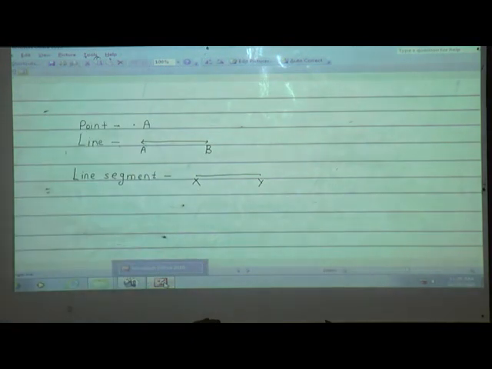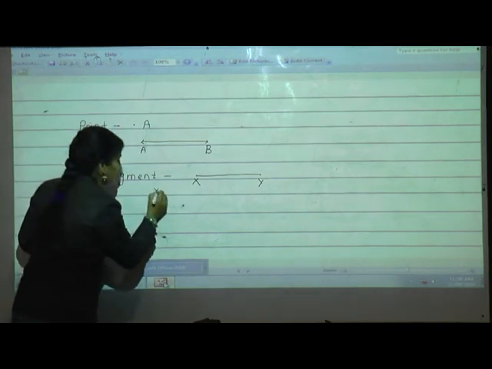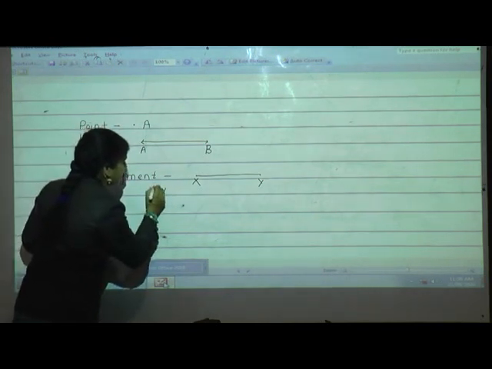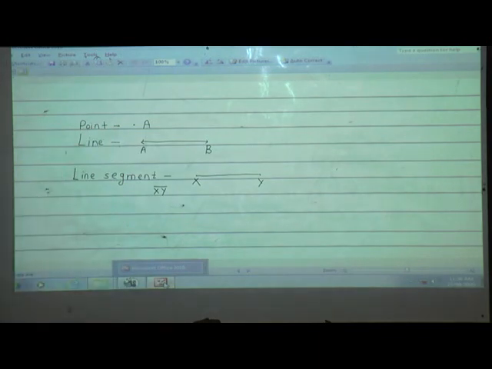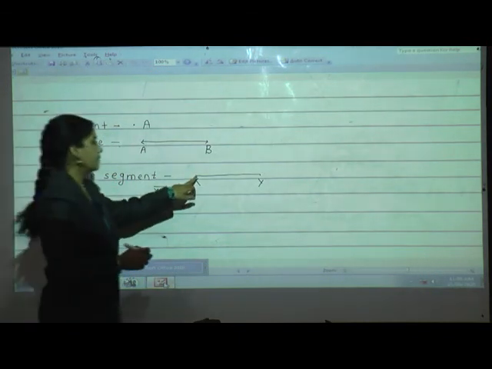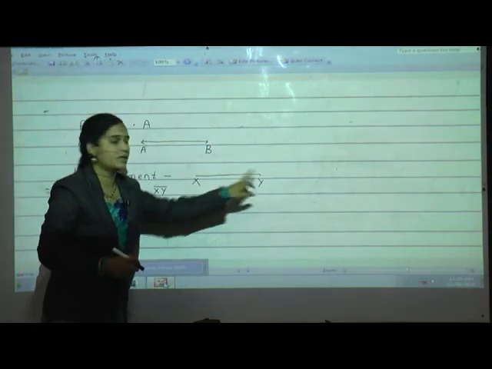A part of a line is a line segment. This is also a part of a line. We can write this segment XY. A line segment has a beginning and end point.